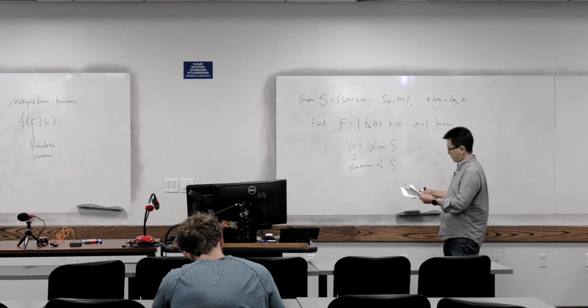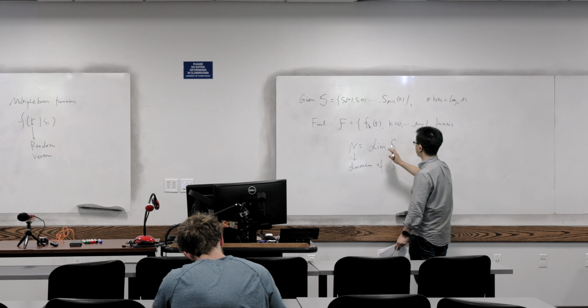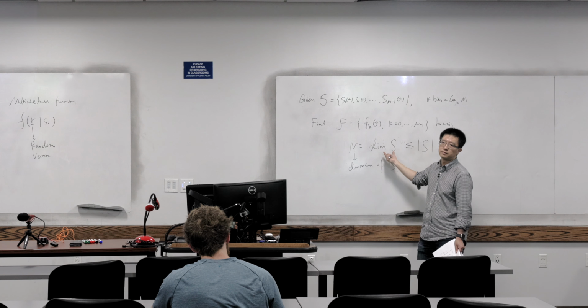And in addition, we can see that this is always less than or equal to the cardinality of S, which is M. So N is always less than or equal to M. For example, in the antipodal case, our M is 2. We have S0 and S1, but the dimension of our signal space is just 1.